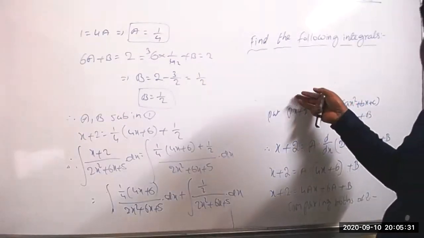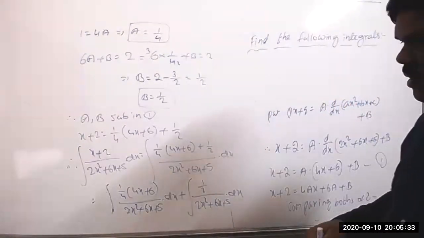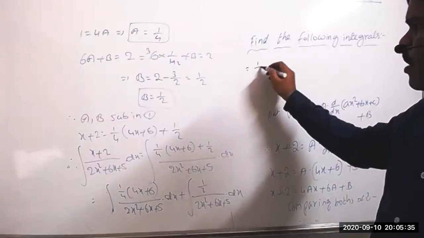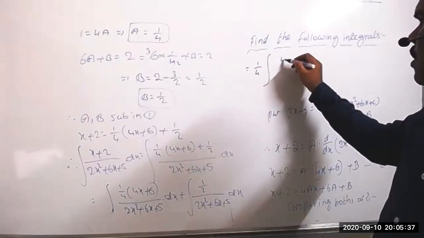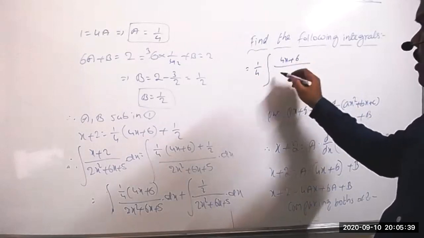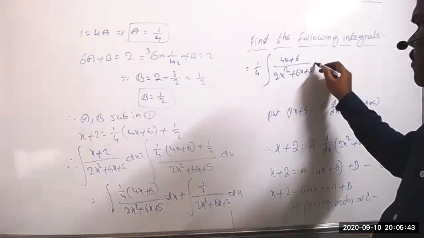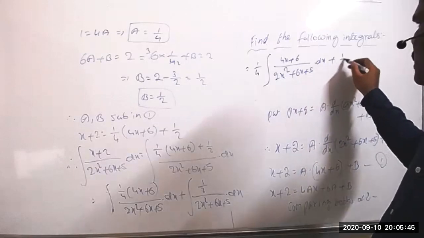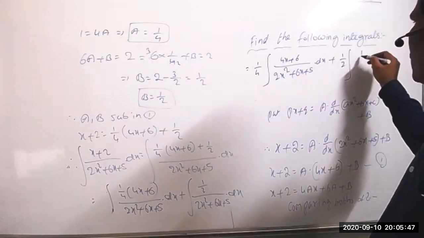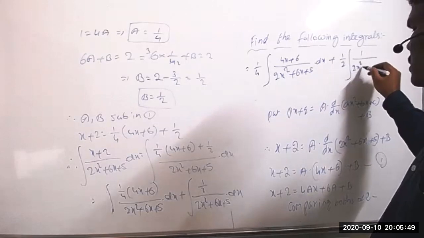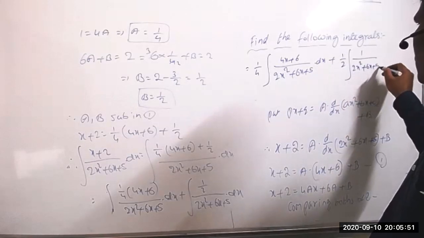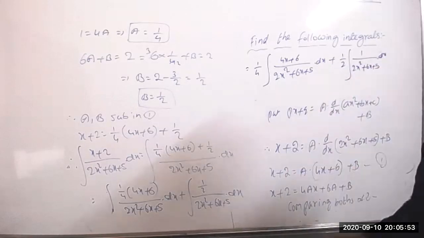So take 1 by 4 common, 1 by 4 outside: integration of 4x plus 6 by 2x square plus 6x plus 5 dx, one thing. Here also you can take 1 by 2 as the constant: 1 by 2 times integration of 1 by 2x square plus 6x plus 5 dx, second term.